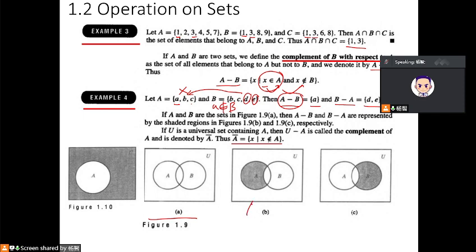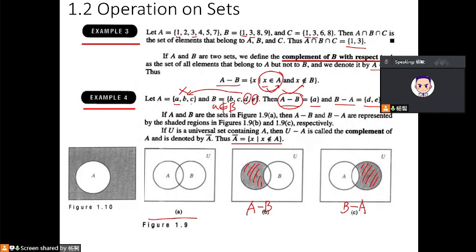This is A minus B, which is also the complement of B with respect to A. This part is all the elements that belong to A but do not belong to B. This represents B minus A, and the shaded part is all the elements that belong to B but do not belong to A.